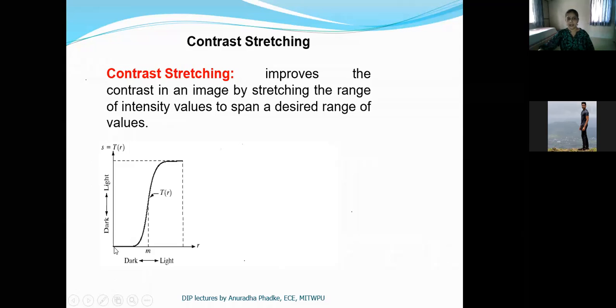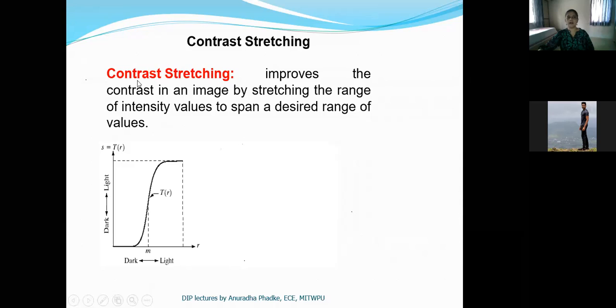So the x-axis represents the original gray value and the y-axis represents T(r), that is the modified gray value. This graph gives you the relation between r and s, and the mapping between r and s is indicated by this particular curve.